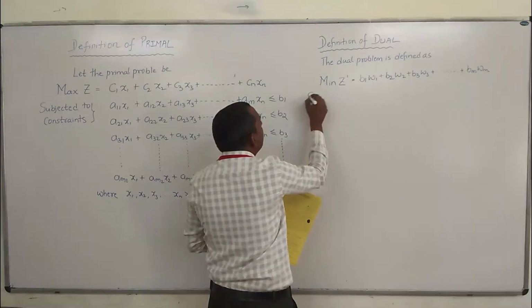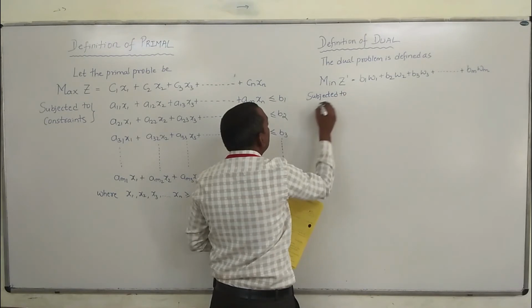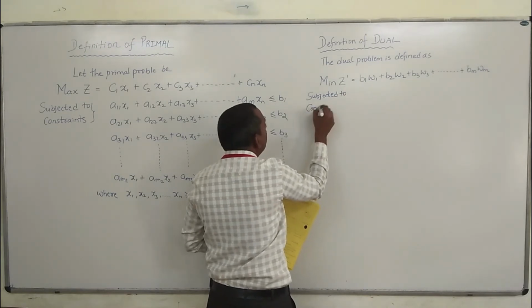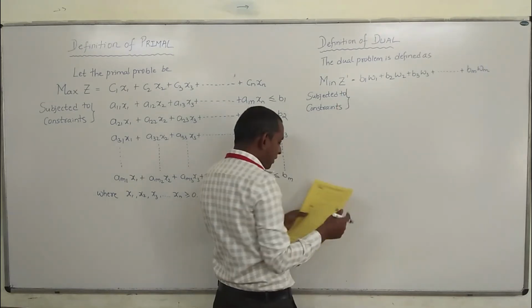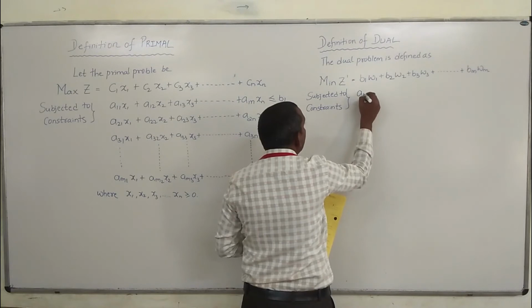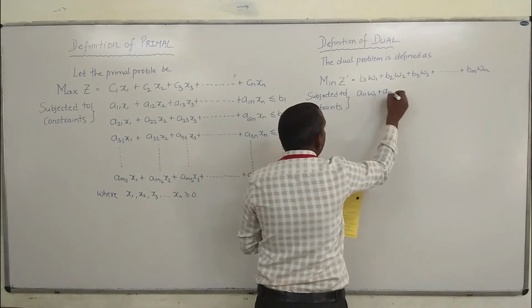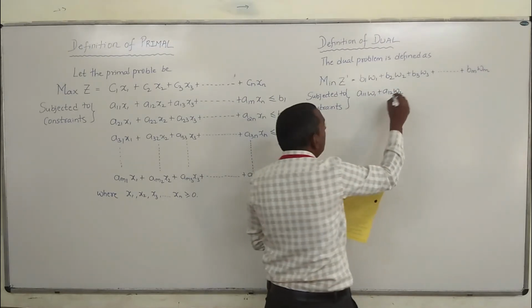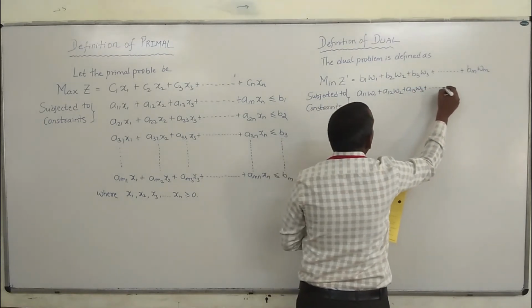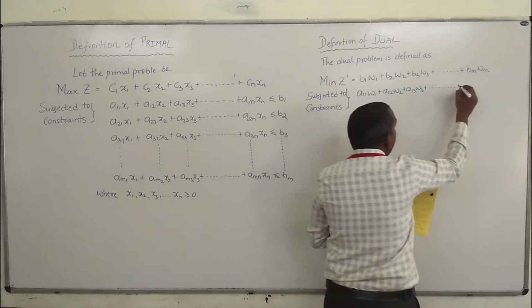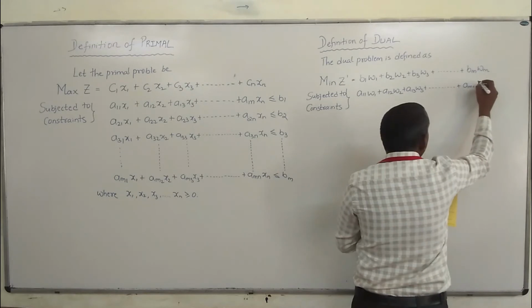Fine. So, subjected to the constraints: a11 w1 plus a12 w2 plus a13 w3 up to am1 wm.